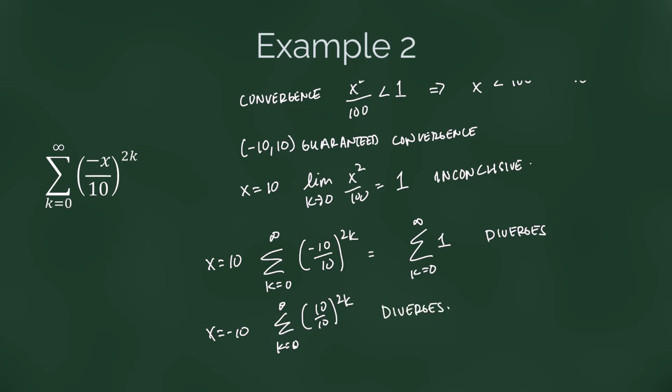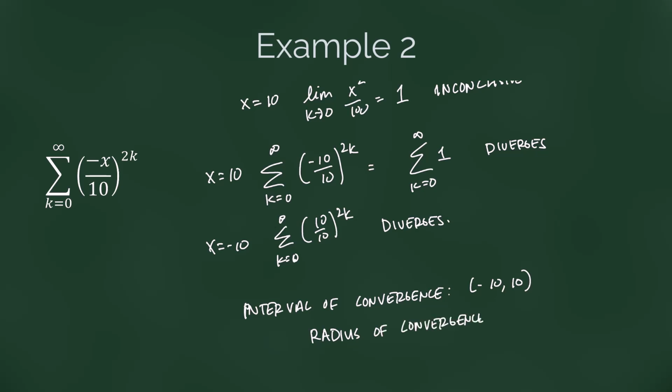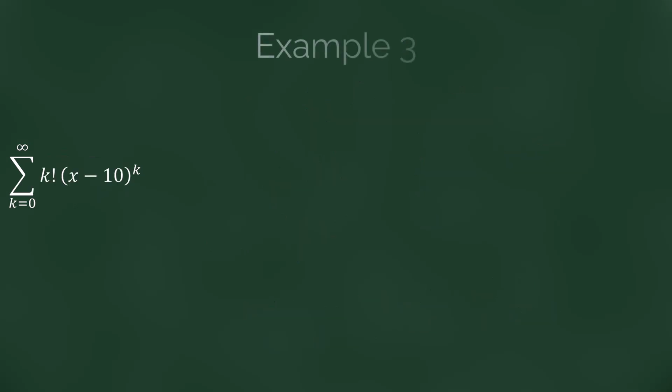So what we now know is that our interval of convergence is negative 10 to 10. It's an open interval, and our radius of convergence r is equal to 10.